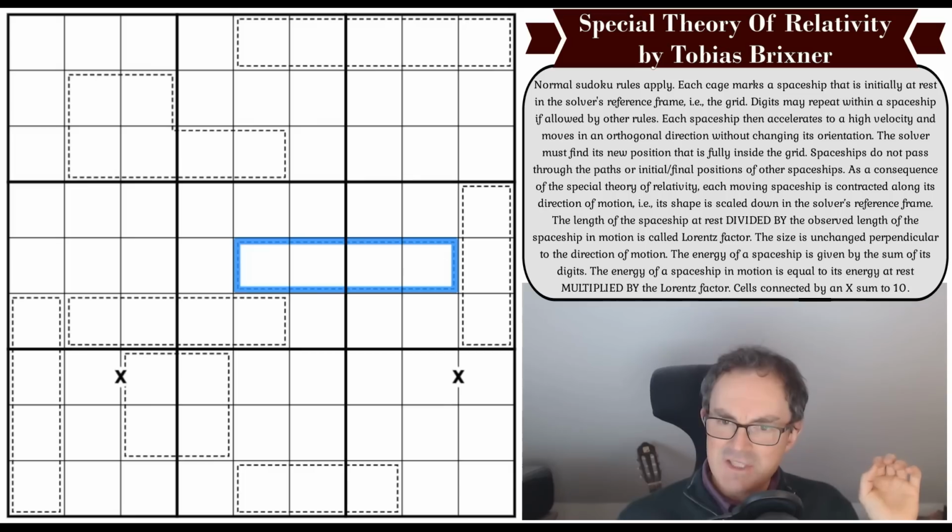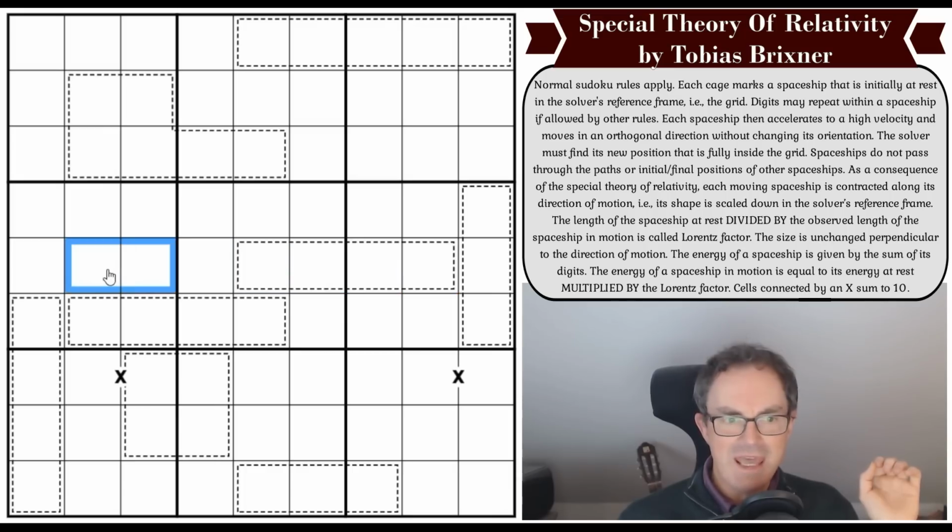The length of a spaceship at rest divided by its observed length in motion. So if that one went there very fast, it would shrink. The size is unchanged perpendicular to the direction of motion.